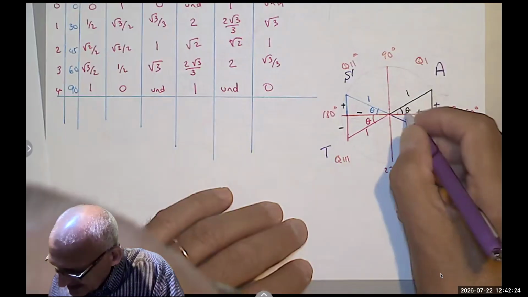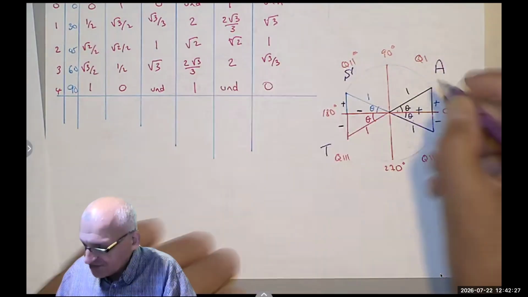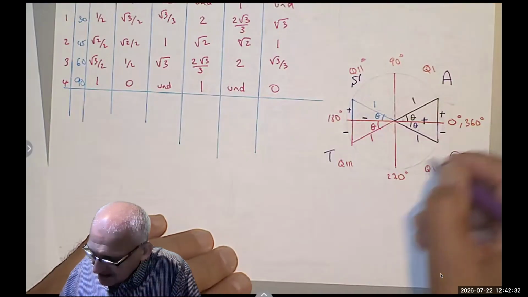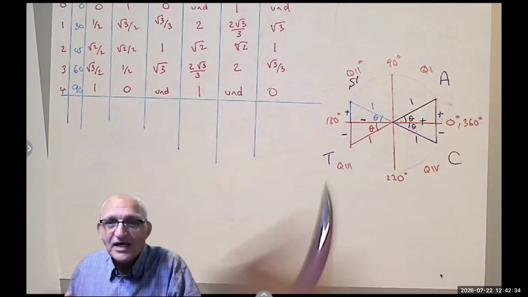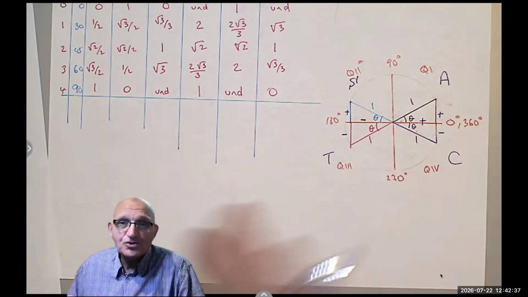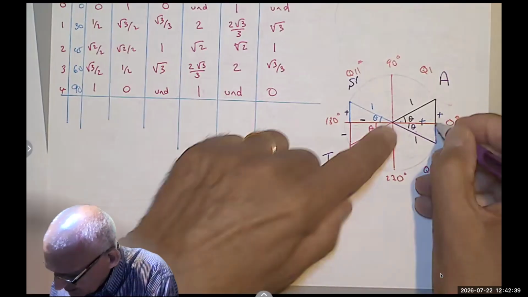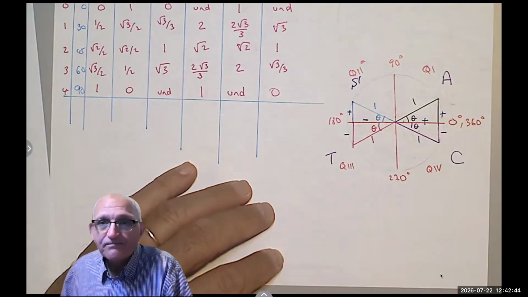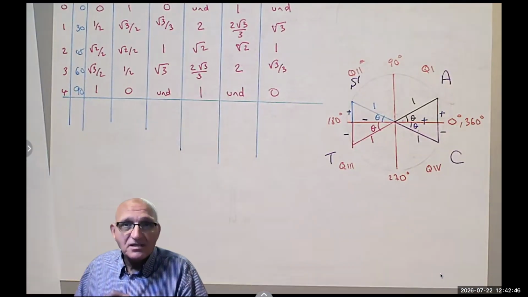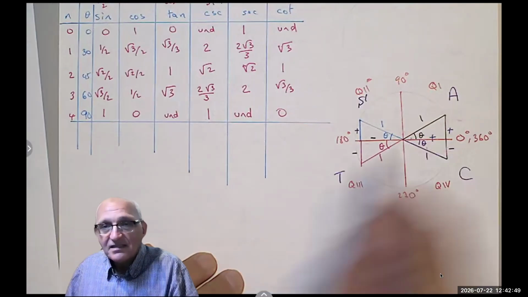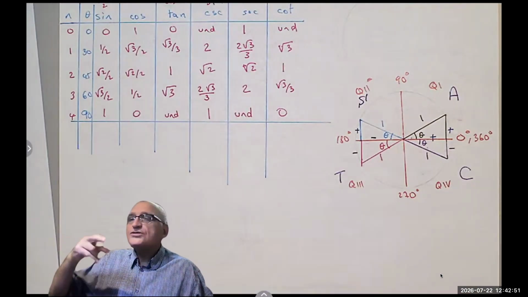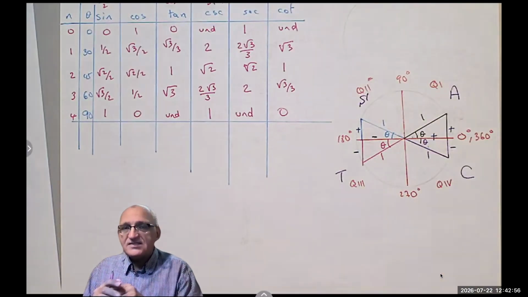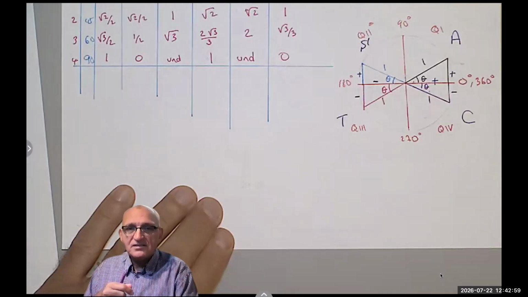Let's say theta is 20 degrees. If I add 360, I get 380. These two angles, 20 and 380, are coterminal because when I start from here, 90, 180, 270, 360, 380, I end at the same point as 20. So if I have an angle, I can add or subtract, if I rotate in the opposite direction, multiples of 360, and we call them coterminal angles.